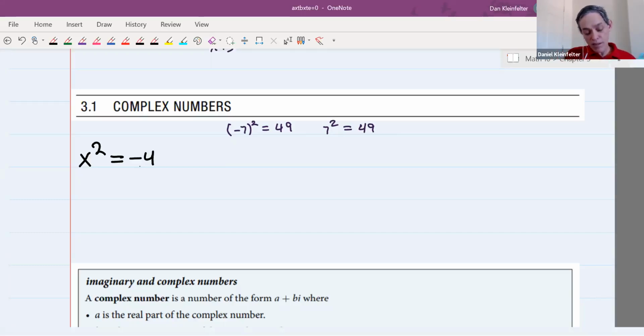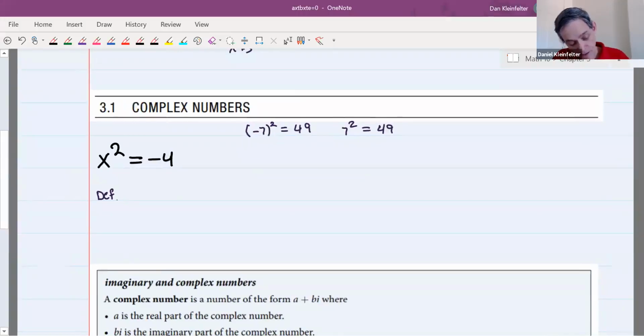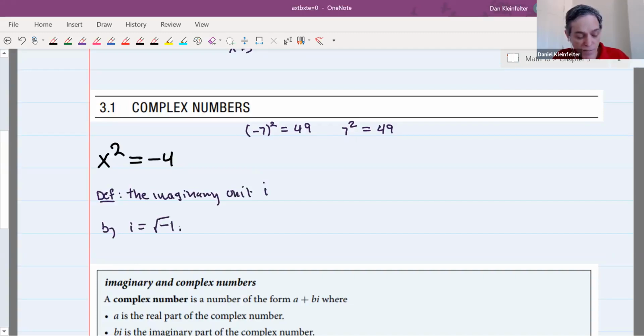So what we're going to do is make a definition of a new number that will help us come up with a solution for this. We're going to define the imaginary unit i, and it's going to be equal to the square root of -1.